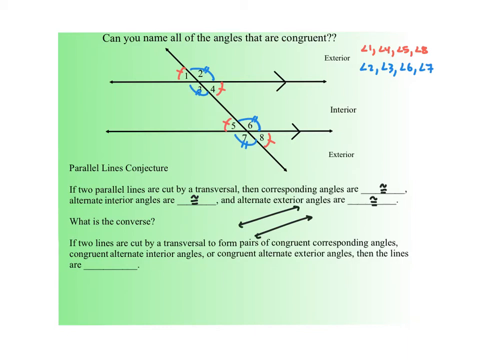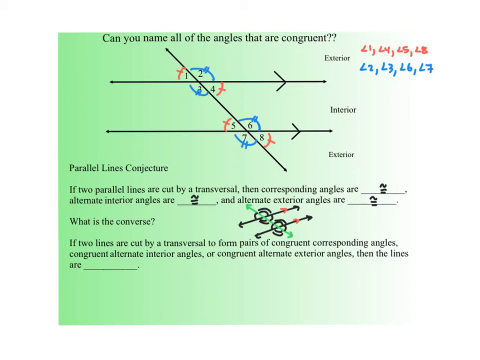Okay, there I've got parallel lines. Let's go like this, mark them parallel. And then I've got a transversal. All right, so I could say all corresponding, all alternate interior, all alternate exterior are congruent. So I could just, boom, boom, as a result, mark those congruent all the way around so I know what I'm dealing with.